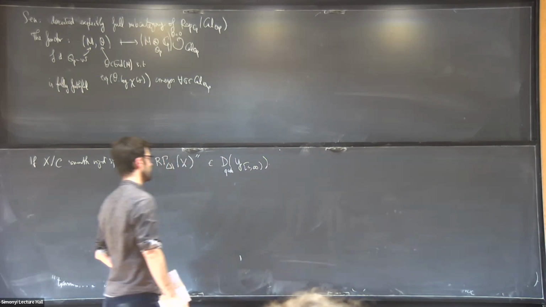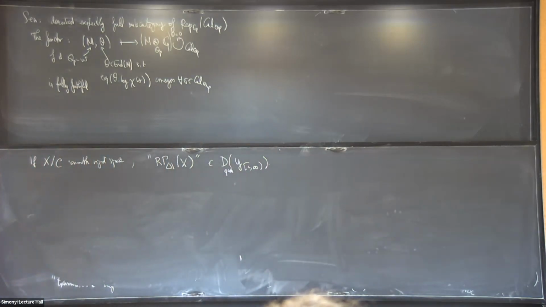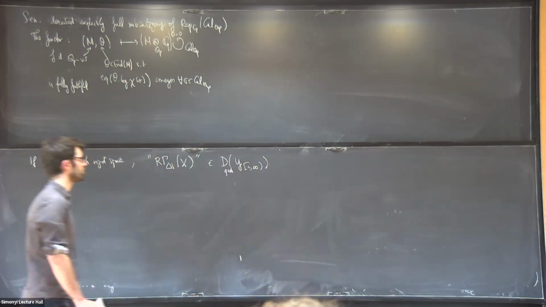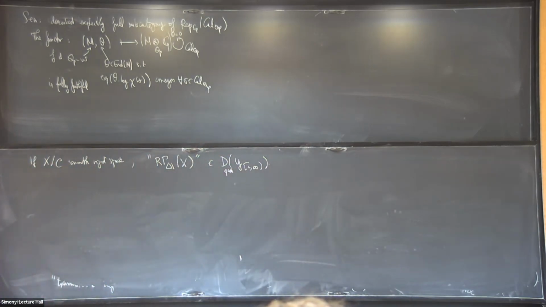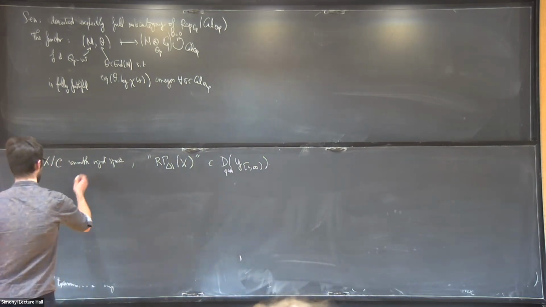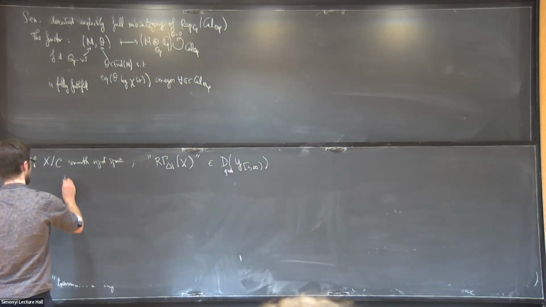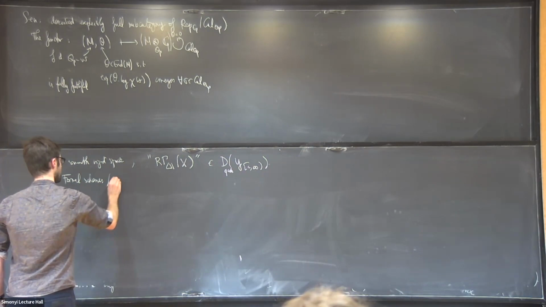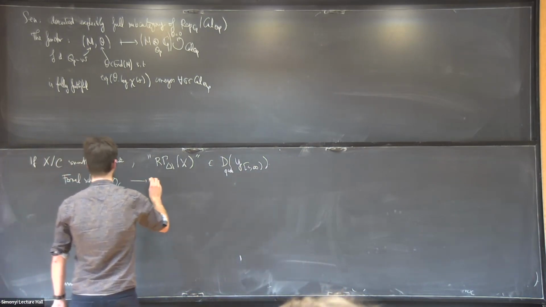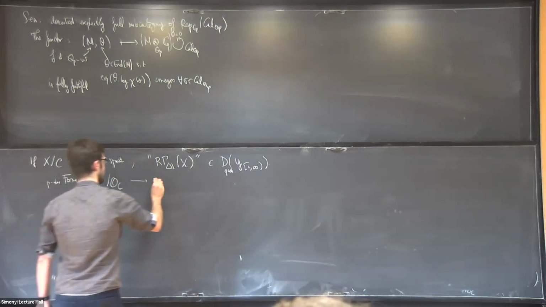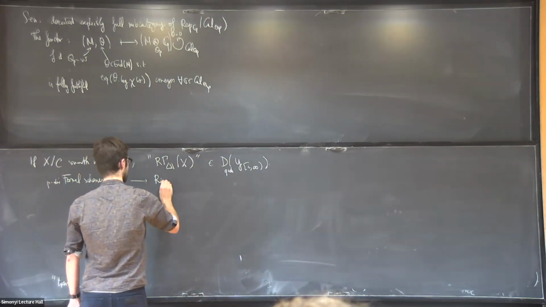I did not put any properness assumption on X here, so it's a priori just a solid quasi-coherent sheaf on this adic space. But this cannot work, and the reason for this is quite simple. Naively, you could imagine that you have formal schemes over O_C, you have the generic fiber functor to rigid spaces over C.